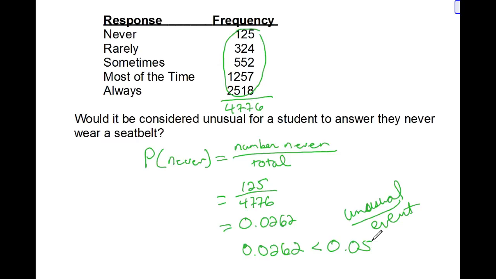Again, if you're talking about medical terms or anything along that nature, they may use maybe 0.005 or some of those rules. So you have to go based on what your field of study wants to use to figure out what would be considered an unusual event.